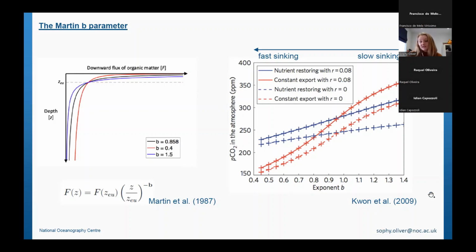There was a study in 2009 where they varied this B parameter to see its effect on atmospheric carbon dioxide, and varying it from 0.4 to 1.4 can have a massive effect on atmospheric carbon dioxide. So we need to make sure that this value is correct in ocean biogeochemical models, because it can have a massive influence on our global climate.